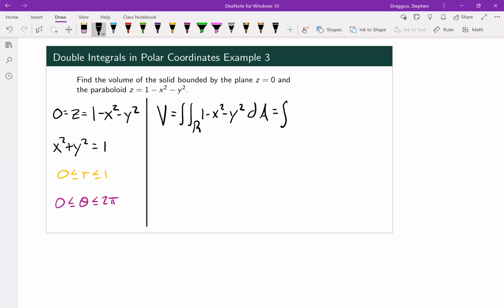We're going to be looking at the iterated integral of 0 to 2 pi and 0 to 1 of, nope, let's try that one more time. That's the first example. We just want to integrate our paraboloid. So we're going to integrate the function 1 minus x squared minus y squared, which is really 1 minus r squared. Multiply that by r times dr d theta.